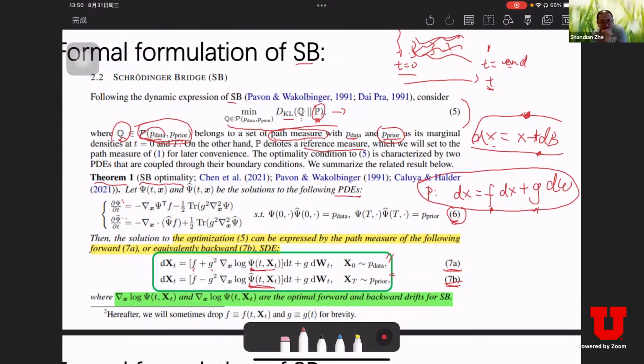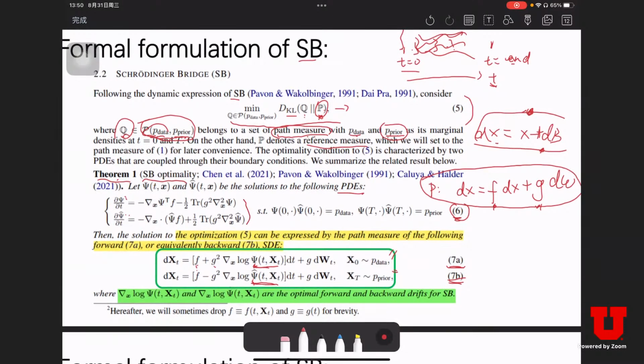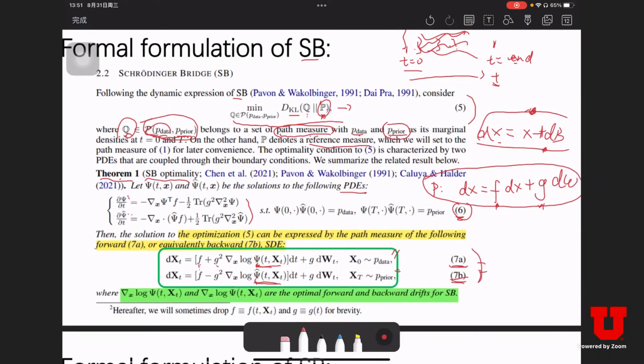So that's what the theory is saying: the optimal form of your Schrodinger bridge solution is provided by another coupled PDE. I know it's a little confusing, but just get the big idea. The forward and backward SDEs of the Schrodinger bridge should have these terms. We have two terms to handle, phi and phi hat. If we can get them, we get the optimal solution for the Schrodinger bridge.